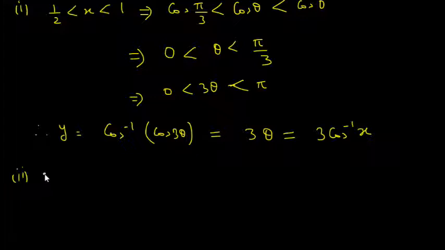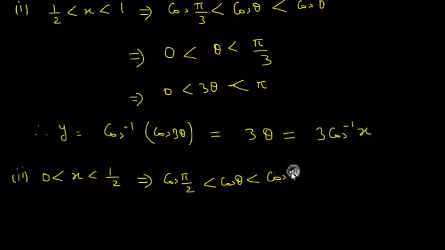So here it is given x value lies between 0 and half, which implies that cos pi by 2 is less than cos theta less than cos pi by 3, which implies that pi by 3 is less than theta less than pi by 2.